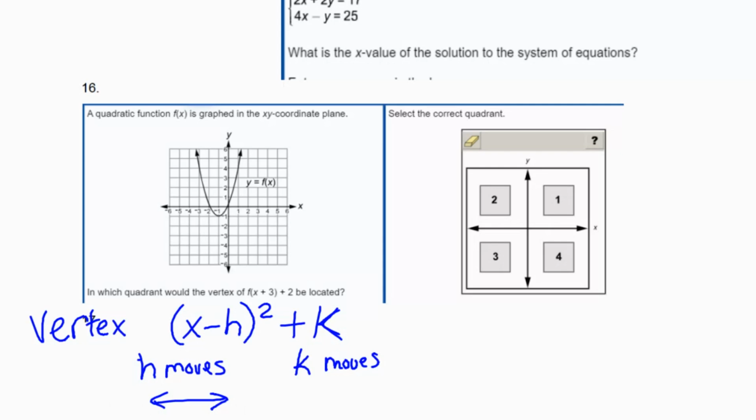I'm sorry, the minus sign is part of the formula. So if it goes to the left, it's a plus. Plus goes to the left. And minus goes to the right. There we go. The k is moving it up and down. Positive goes up, negative goes down.